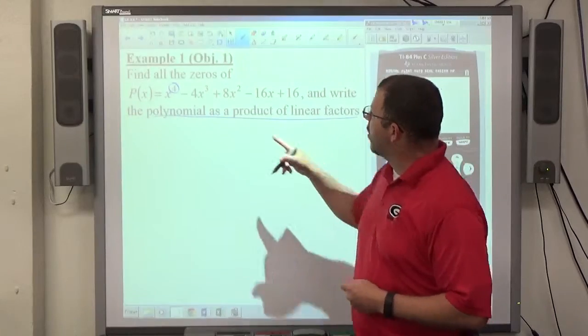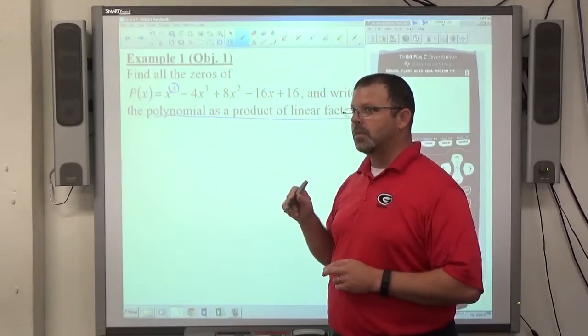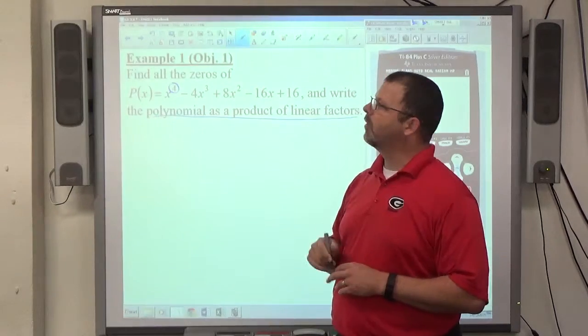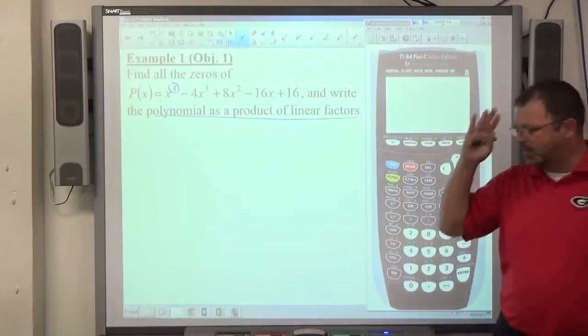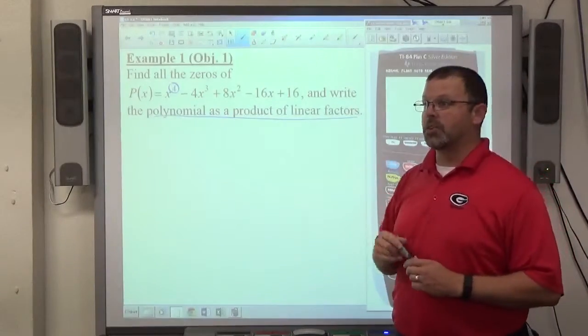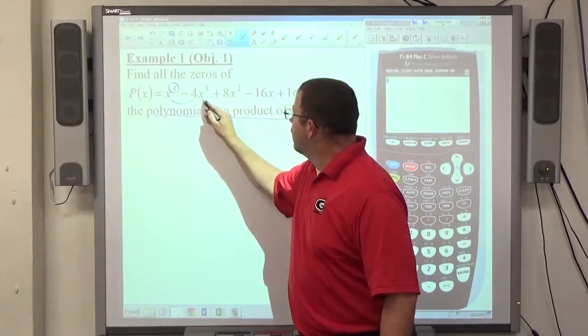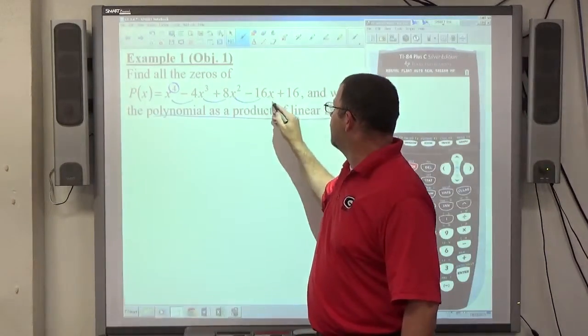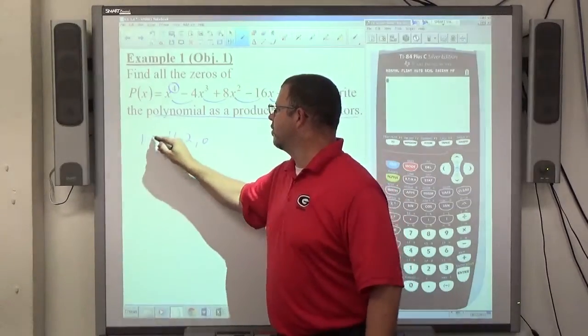So looking at this polynomial, Descartes rule of signs, we start there. 1 sign change, 2 sign changes, 3, 4, so there's either 4 or 2 or 0 positive solutions.